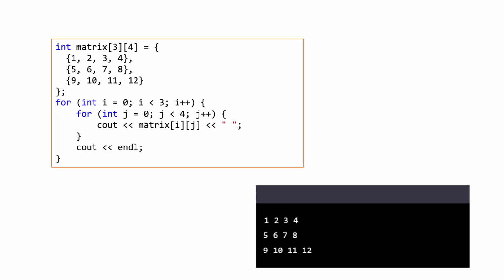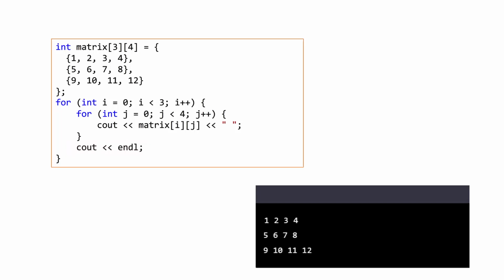On each iteration of the inner loop, the cout statement prints out the value of the current element of the matrix array, followed by a space. After the inner loop has printed out all the elements in the current row, the cout statement here is executed to move to the next line.